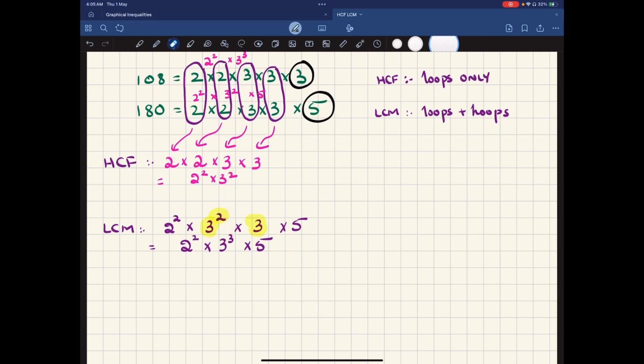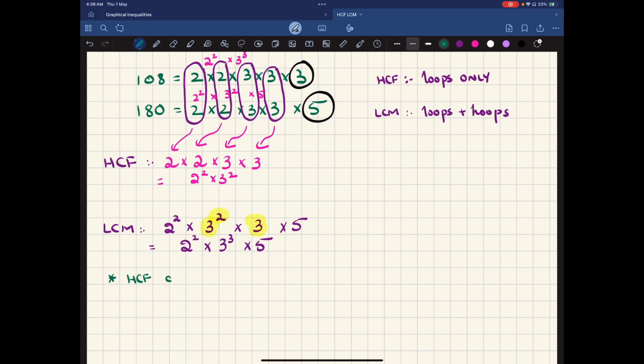Okay? And here the power of 5 is 0, right? Because it doesn't exist. And here it's 1, so we're going to take 5 to the power 1 in LCM. So this is an important rule. If you understand this, I think you would be able to solve very tricky questions easily. Okay?